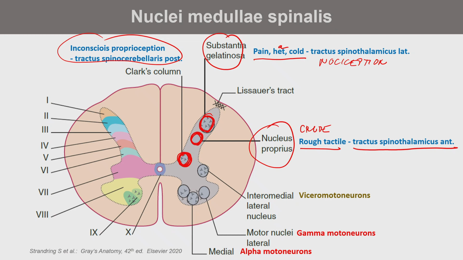So those are relays which are inside the posterior horns, and they are related to three different feelings. The substantia gelatinosa, more dorsal, nociception, then rough or crude tactile, which is more central, and completely in the central localization is unconscious proprioception.